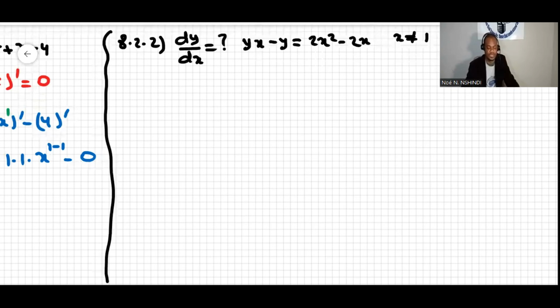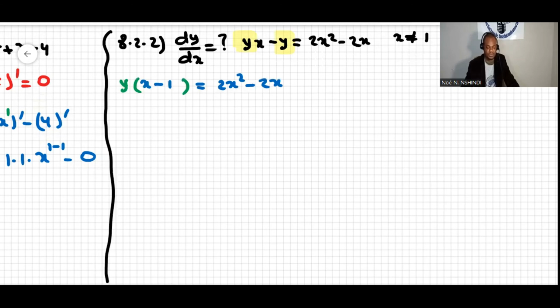I can see that we have y here and y there. We can take y as a common factor. So we have y, and we are left with x minus 1 equal to 2x squared minus 2x.